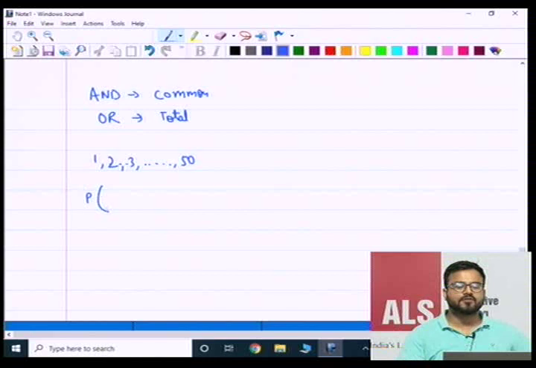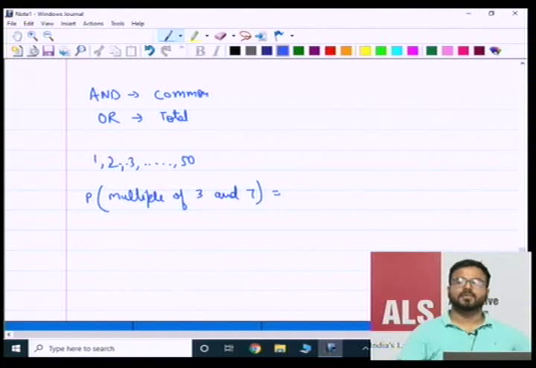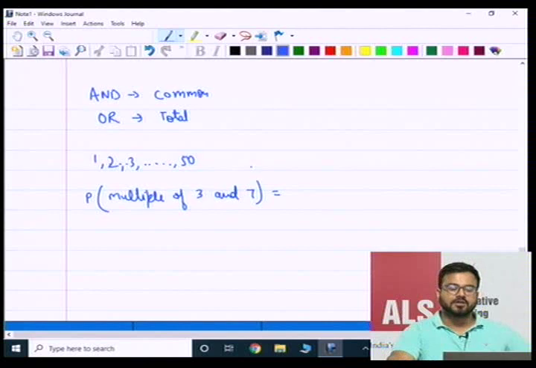What is the probability of picking a number which is a multiple of 3 and 7? It means it should be a multiple of both 3 and 7. So a multiple of 3 and 7 is nothing but the LCM of 3 and 7.